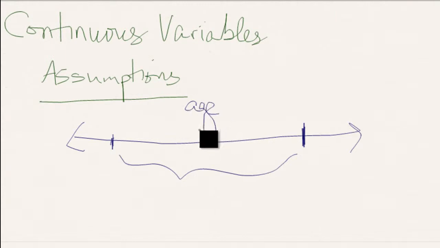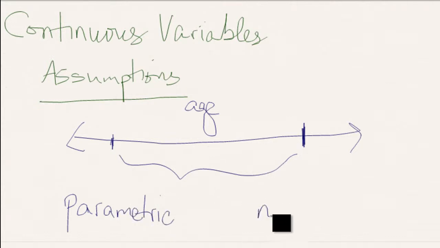Now, there are two ways of performing statistical analyses on continuous variables, and that's what we're going to talk about today. One is called parametric, and we'll go into more details about this later on. And of course, the other is non-parametric.